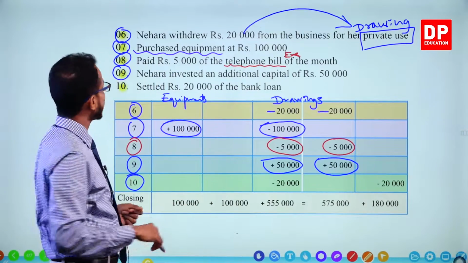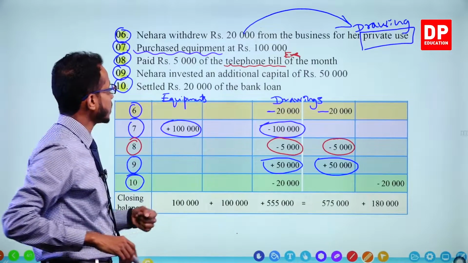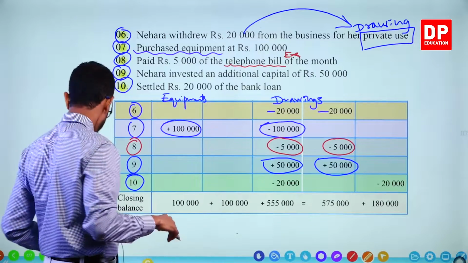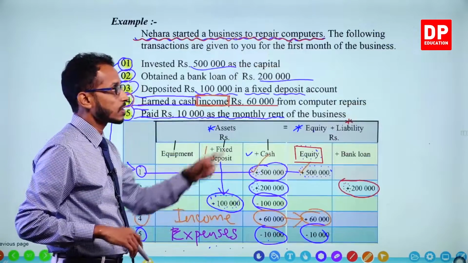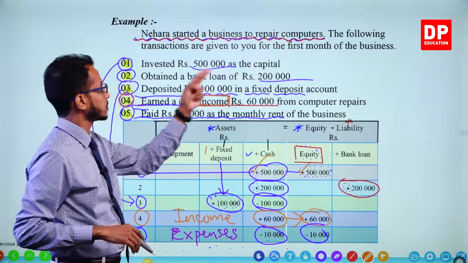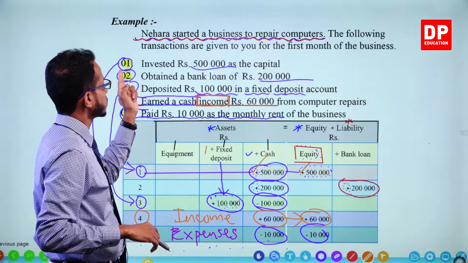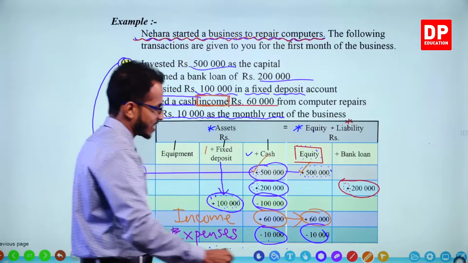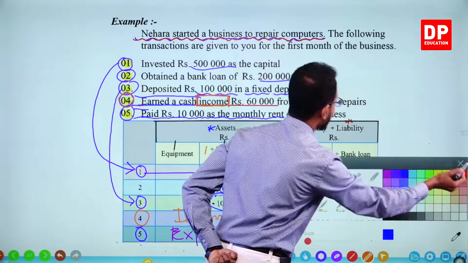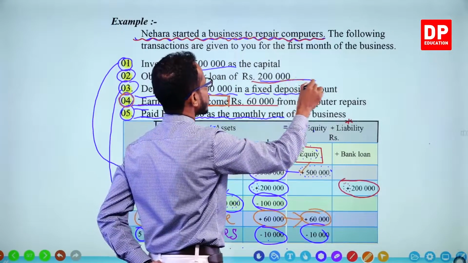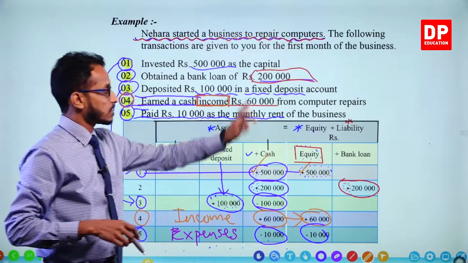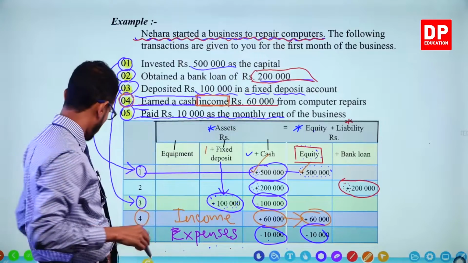Finishing off with the last transaction, settled 20,000 of the bank loan. We took a bank loan, can you remember? Here, yes, the bank loan. We took a bank loan of 200,000. Must settle, right? But not the entire bank loan.